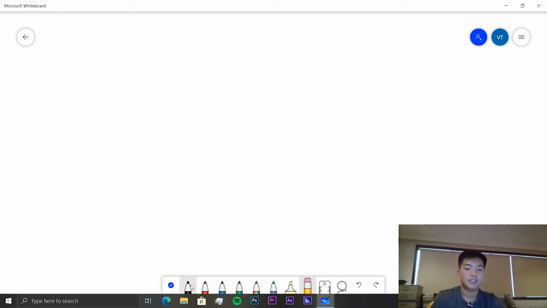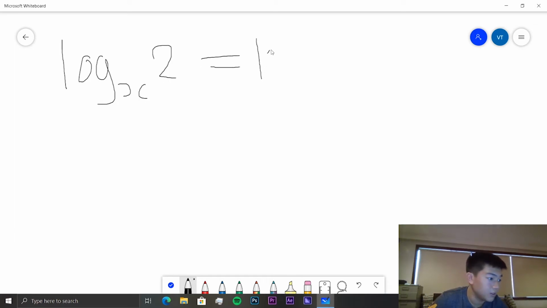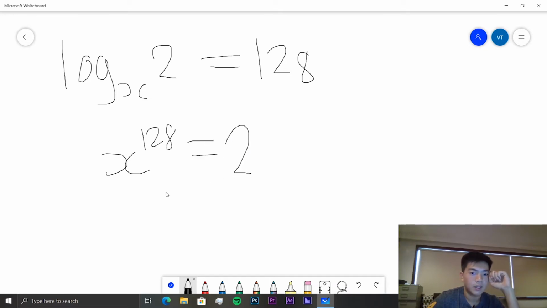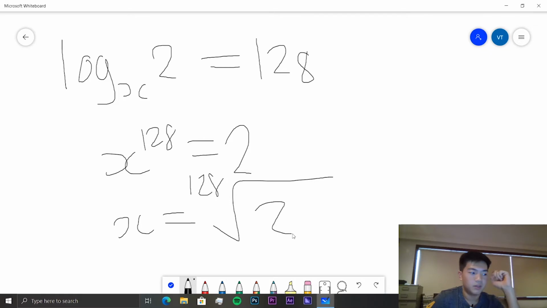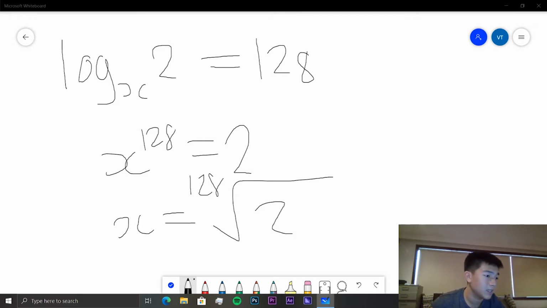Next, we need to solve for x. The first one is log base x of 2 is equal to 128. In order to solve for x, let's rearrange this. We get x to the 128 is equal to 2. And so x is equal to the 128th root of 2. I don't think we have to expand that.